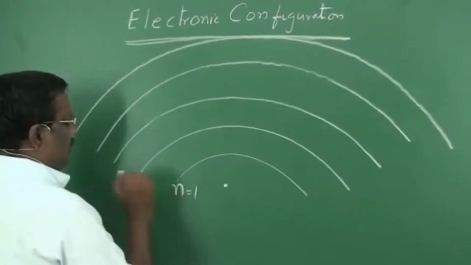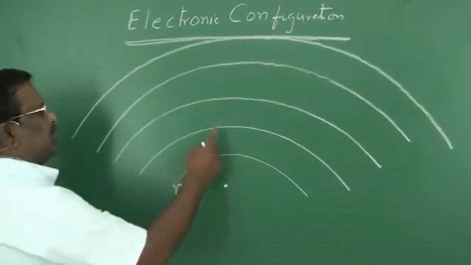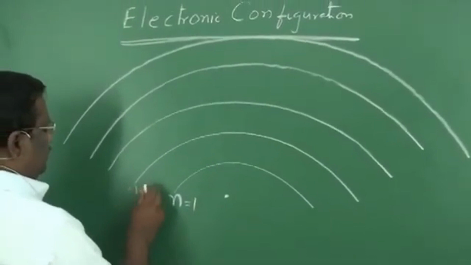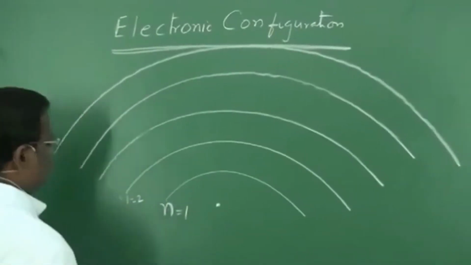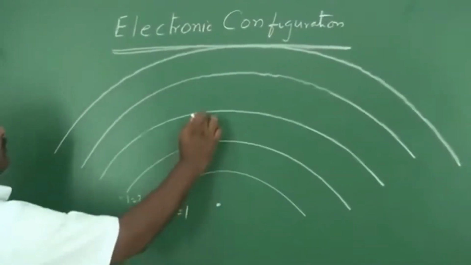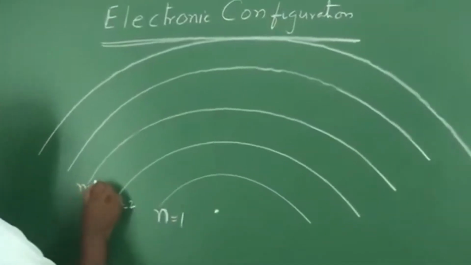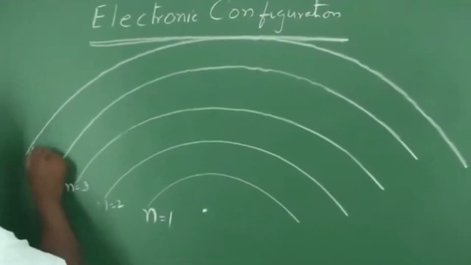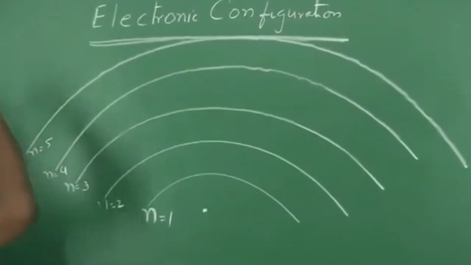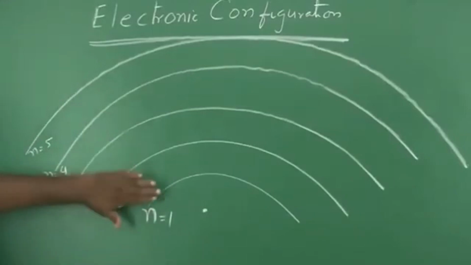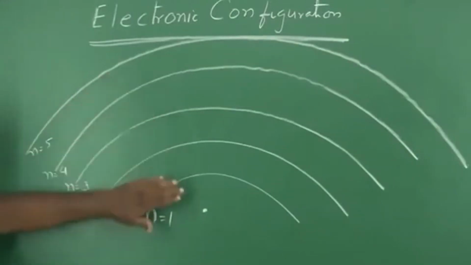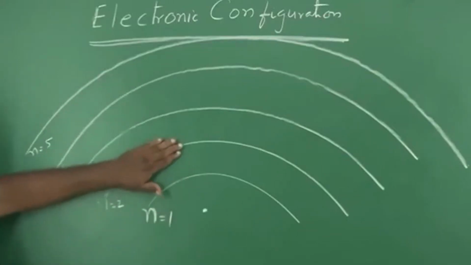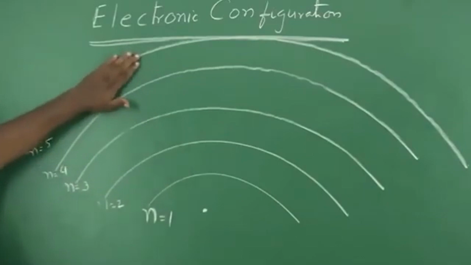This is the second energy level, so n is equal to 2. Then the third one, n is equal to 3, n is equal to 4, n is equal to 5, and so on. So these are the main energy levels. From the nucleus side, their n values are 1, 2, 3, 4, 5, and so on.